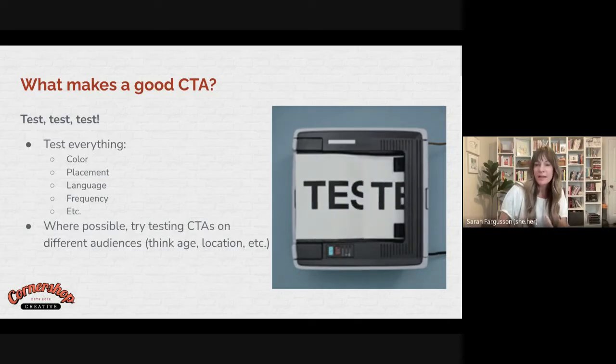Where on the page are people more likely to click? What language resonates with our users? How many buttons is the right number of buttons to have in our email? And there's a whole host of other things. We talked a little bit about it already, but imagery, the specific kind of personalization that you use. And whenever you can, try to think of who your audience is and being able to speak to those different audiences.